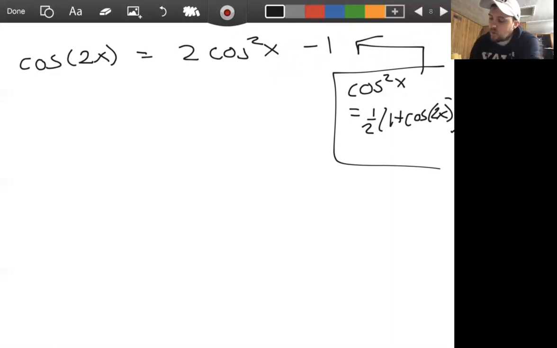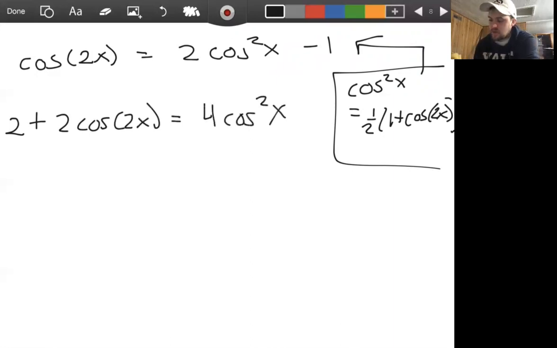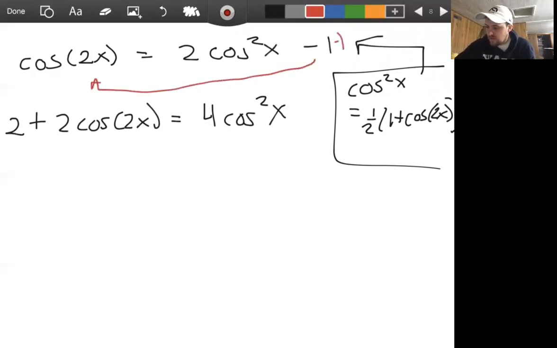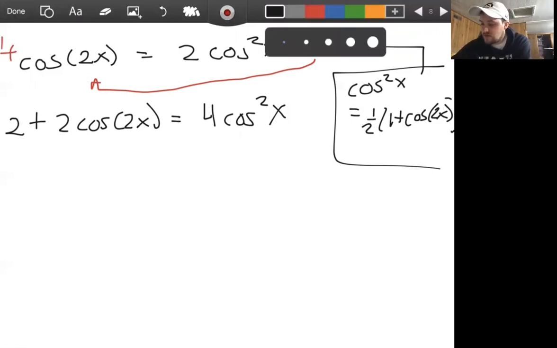We can add the 1 over and multiply both sides of the equation by 2 to get the following: 2 plus 2 cosine 2x equals 4 cosine squared x, right? So again, I just add the 1 over here, and then I multiply both sides by 2 and get 2 plus 2 cosine 2x equals 4 cosine squared x.